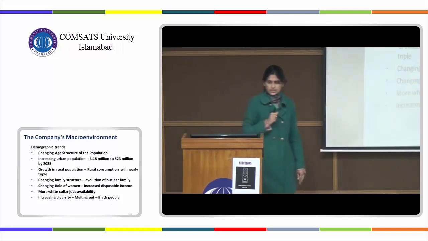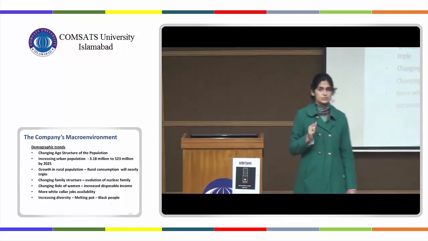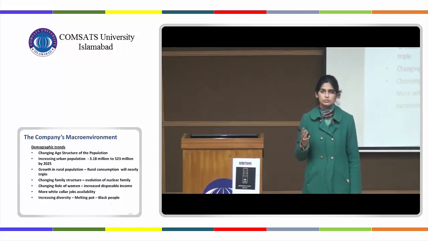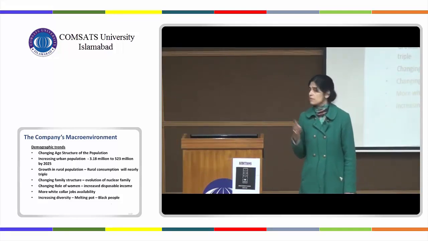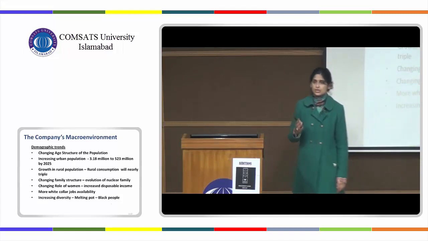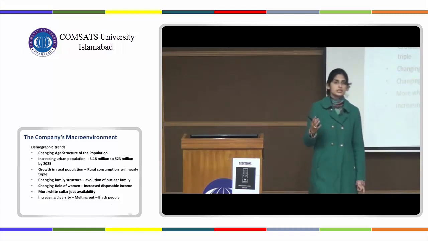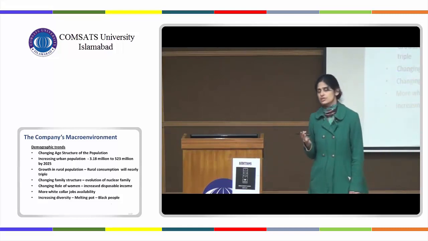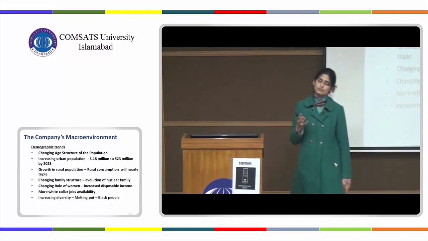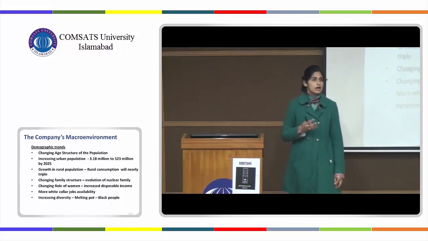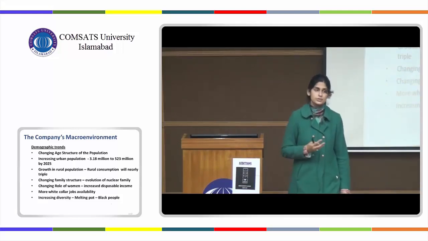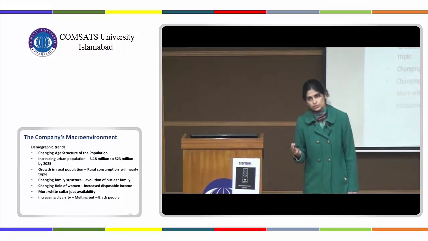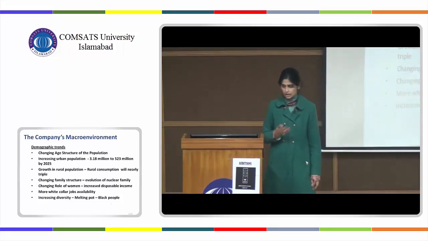Now there's an increasing urban population as well. People are coming from rural areas to urban areas for many different reasons. There are better education opportunities, better medical opportunities, better job opportunities. There could be plenty of reasons why somebody would want to move from a rural area to an urban area. But the trend is that people are increasingly trying to move from rural to urban areas.